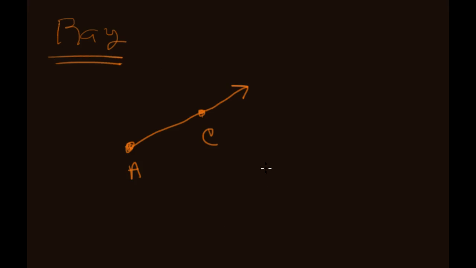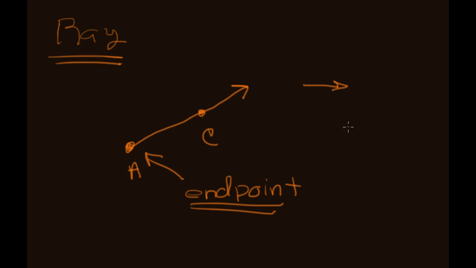We have a special name for the endpoint A. We call it the endpoint. C is just some point along the way. It's not special. When I name the ray, I'm going to just make a right arrow, and the arrow just always goes to the right, even if the ray goes this way. The first letter has to be the endpoint. So we're going to call this ray AC. So I know that it starts at A, goes through C, and in that direction.